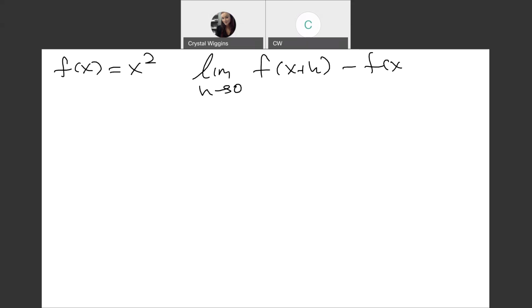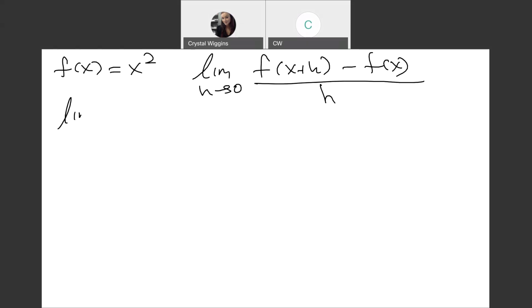So we're looking at the function x squared, and we want to calculate the formula for the derivative for any point on this parabola to draw a tangent line through. So we're going to want to use the limit definition that states the limit as h approaches 0 of f of x plus h minus f of x all over h. And we are solving this in order to find the equation of the derivative that gives us the slope of the tangent line at any point.